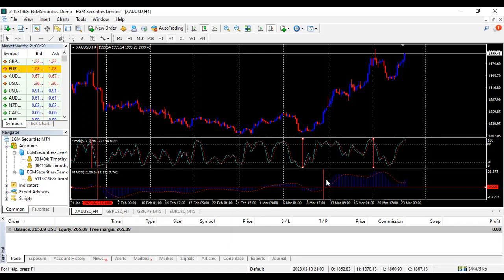If you had taken a buy entry here, and the histogram starts reducing in size, it shows you that the market is about to reverse or change direction. Therefore, you look to take your profits before the market comes back to your entry. So that's how you use the MACD and the stochastic to take your entries and also to determine your exit.